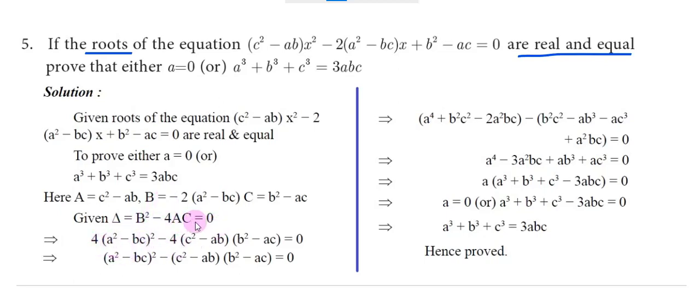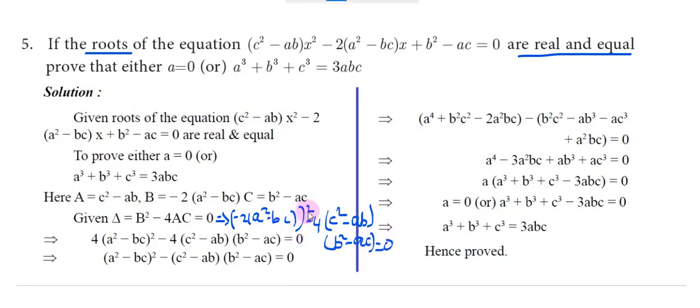Next, the B value. Now I write here: what is B? Minus 2 into (a² − bc), the whole square. So B² means [−2(a² − bc)]² minus 4 times the A value (c² − ab) into the C value (b² − ac), and this is equal to 0.